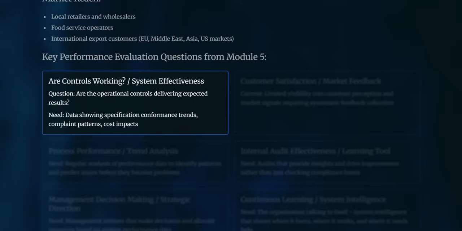First, are controls working for system effectiveness? The underlying question is, are the operational controls delivering expected results? What we need here to confirm are data showing specifications conformance, trends, complaints patterns, and cost impacts.